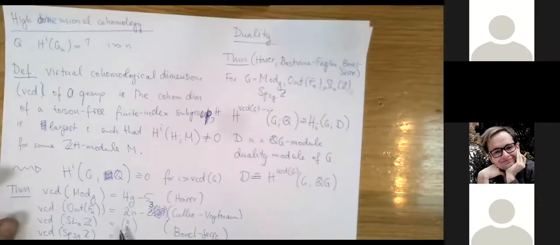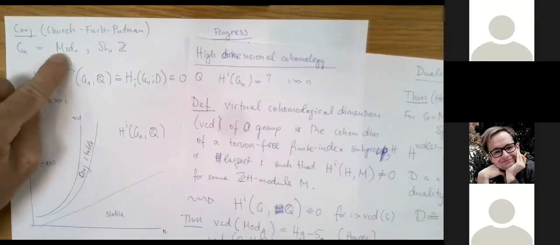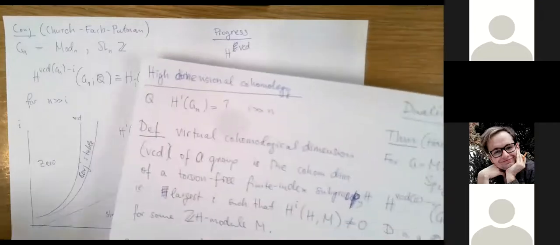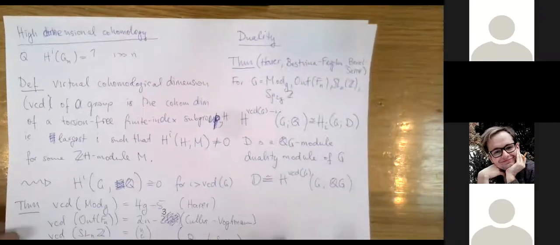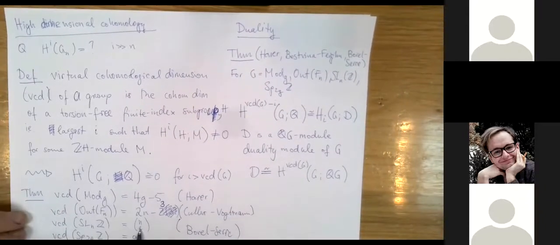Oh, I thought you were talking about the mapping class group. No, you're right. Wasn't the mapping class group in the conjecture? The mapping class group is in their conjecture, and that conjecture is wrong, as we will see in the progress in a second.